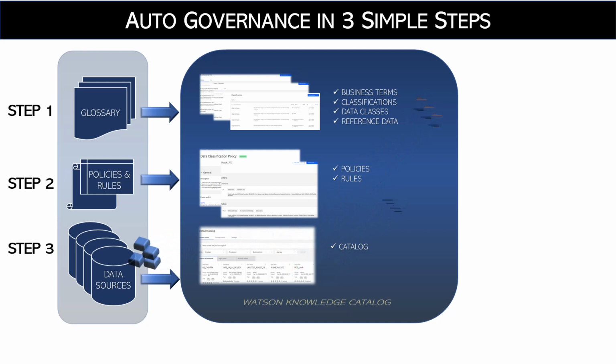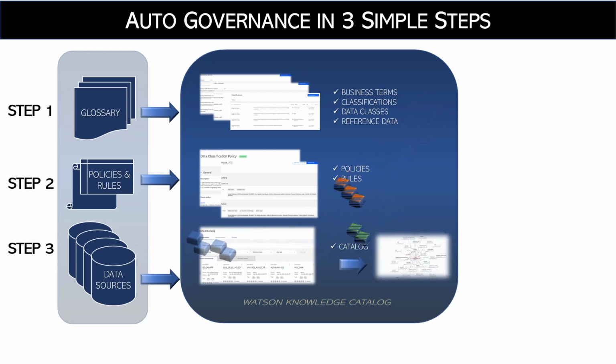The mapping or the matching is done typically by comparing the column names with the business terms that's defined, or by comparing the column values with the data classes that's defined. And the end result of this would be creation of a catalog or multiple catalogs, which can be consumed by downstream users, as we saw in the previous demo.